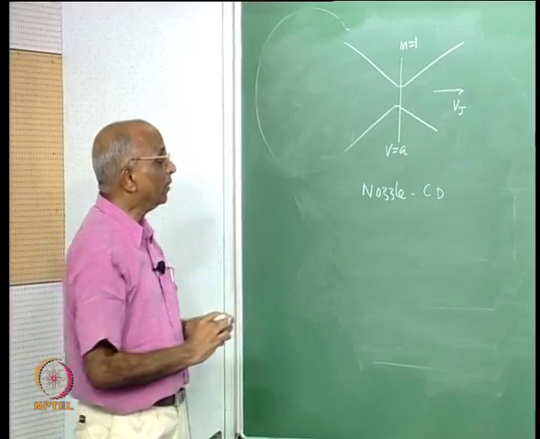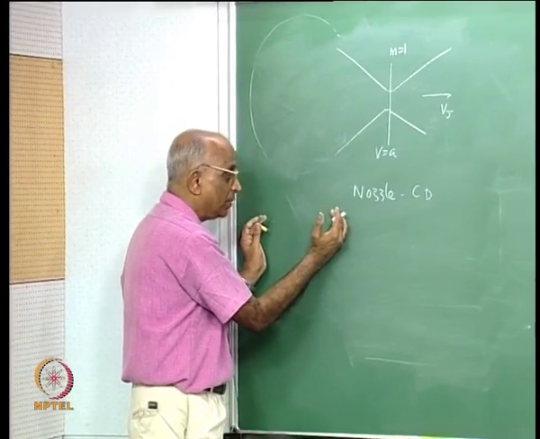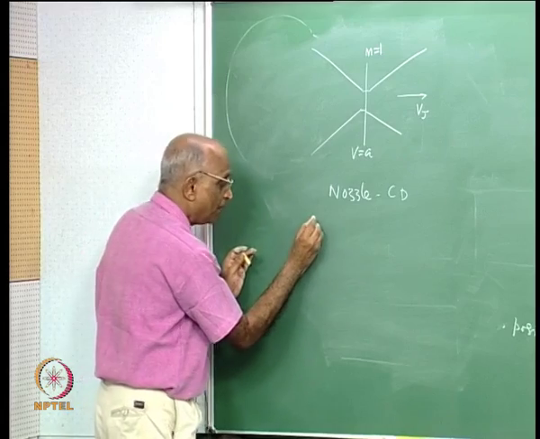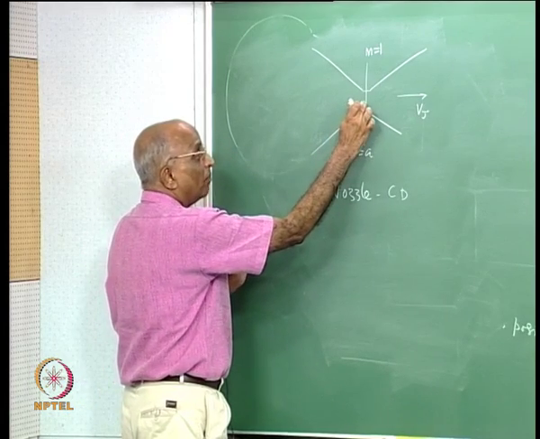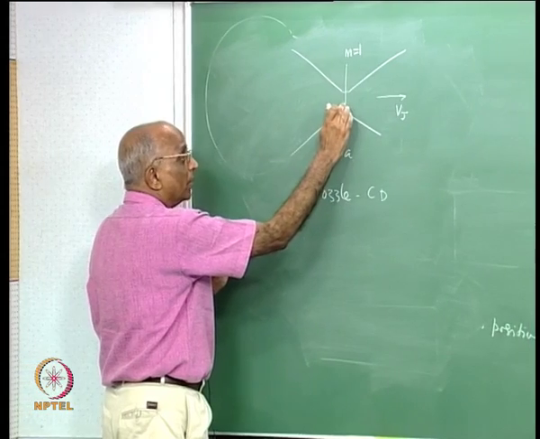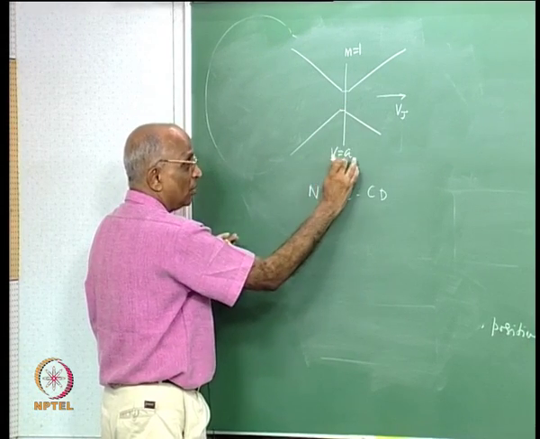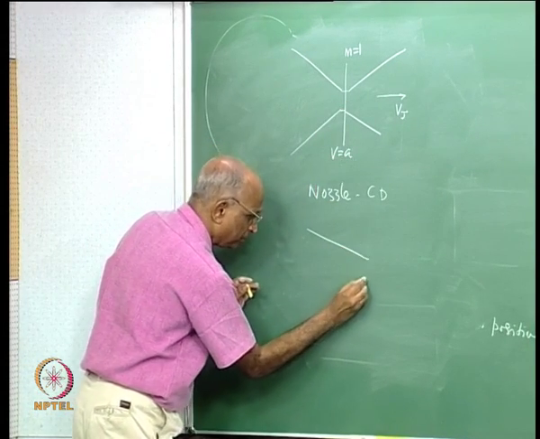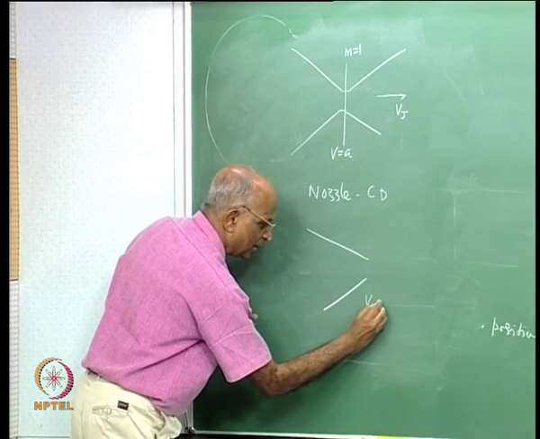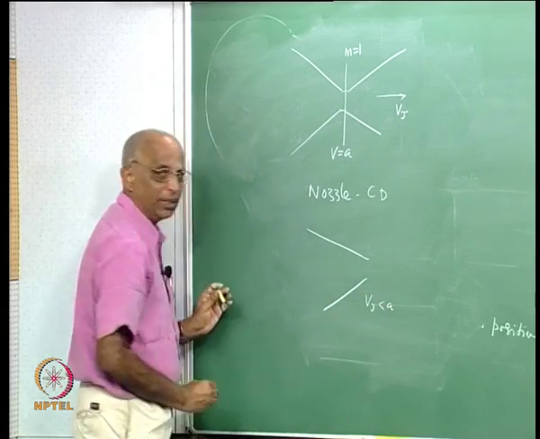If I find that I have inadequate pressure, like for instance I have a cold gas, and I cannot have Mach number equal to 1 at the throat, or velocity equal to sound speed, then it is better my nozzle is like this, such that my jet velocity is still less than the sound speed.